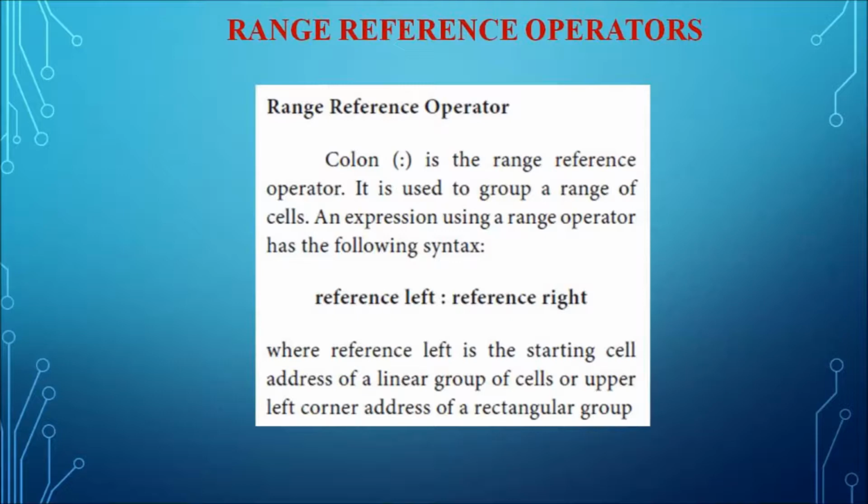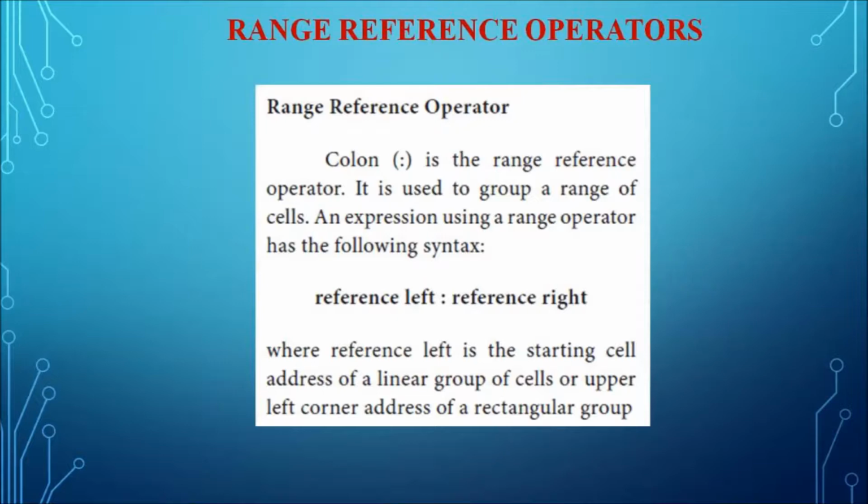The range reference operator is mainly used with the help of the colon symbol. A group of cells is identified with the help of the colon symbol. You see the syntax here: reference left colon reference right. Reference left means the starting cell address, for example A1.